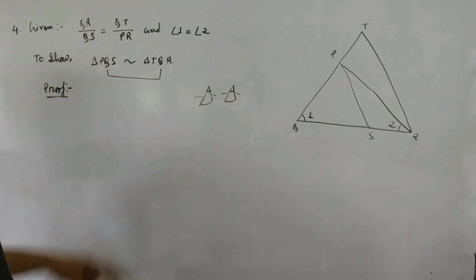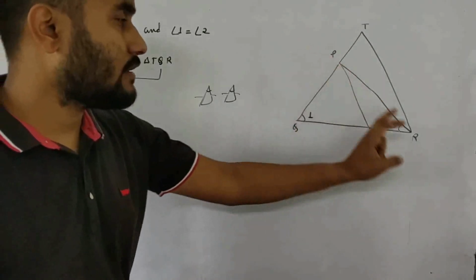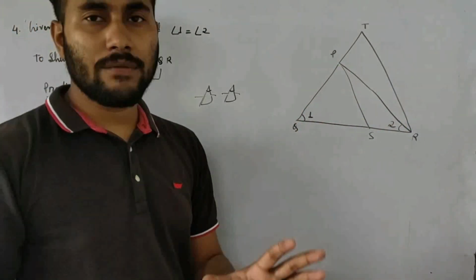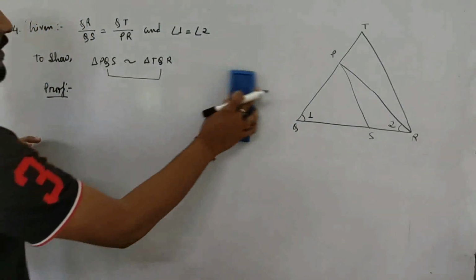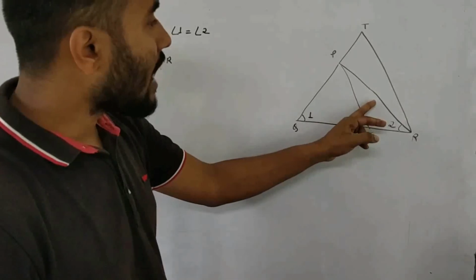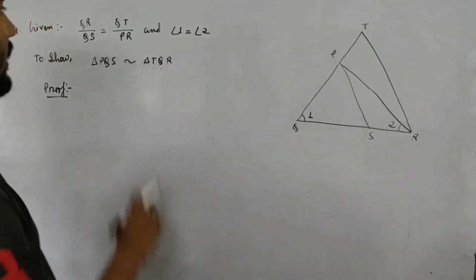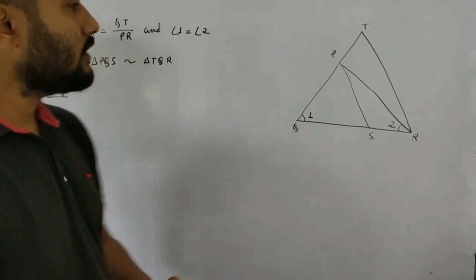So QT is there, but QP is not there. Instead, what is given? PR is given. So this PR we don't need. We need QP. So that thing we will change at first. In place of PR, I need QP. Then only SAS will follow.